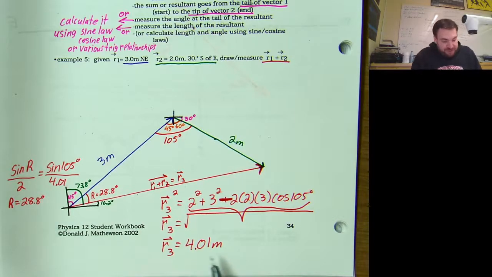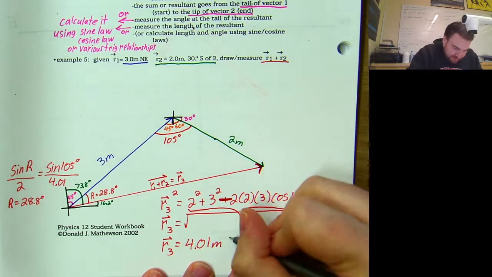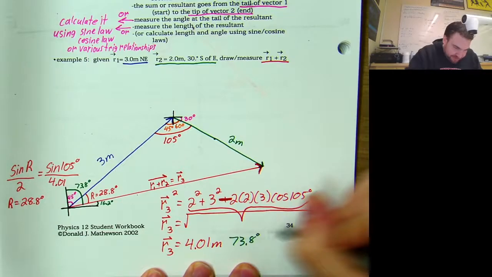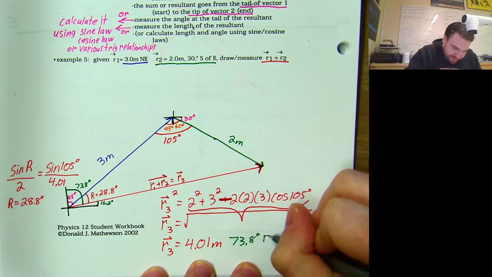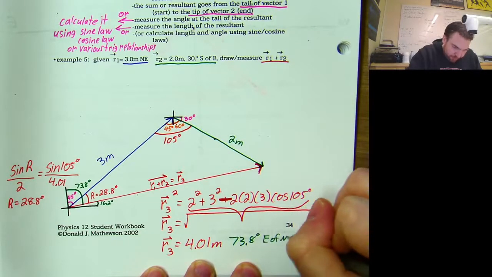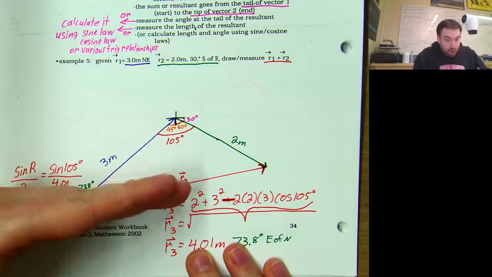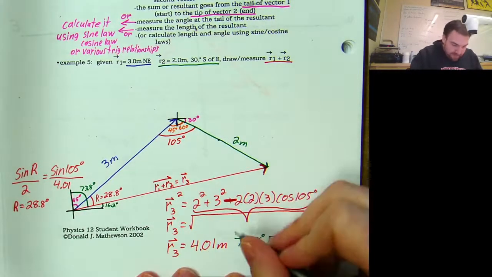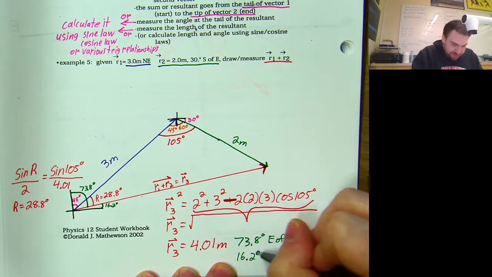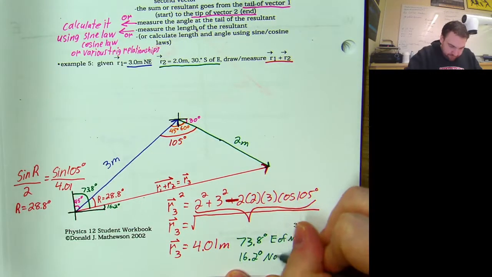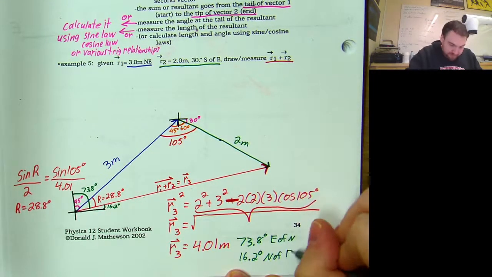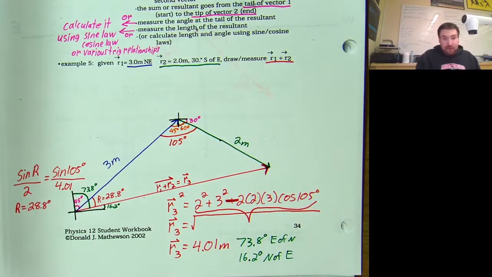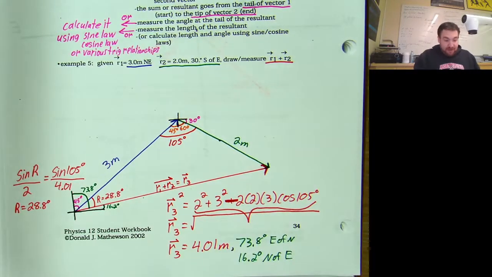Either this is 4.01 meters, 73.8 degrees east of north, i.e. we started at north and we went east, or it's 16.2 degrees north of east. It doesn't matter which one you use, east of north or north of east, but you must use one of them because it's a vector. It has to have a magnitude and a direction. That's it.